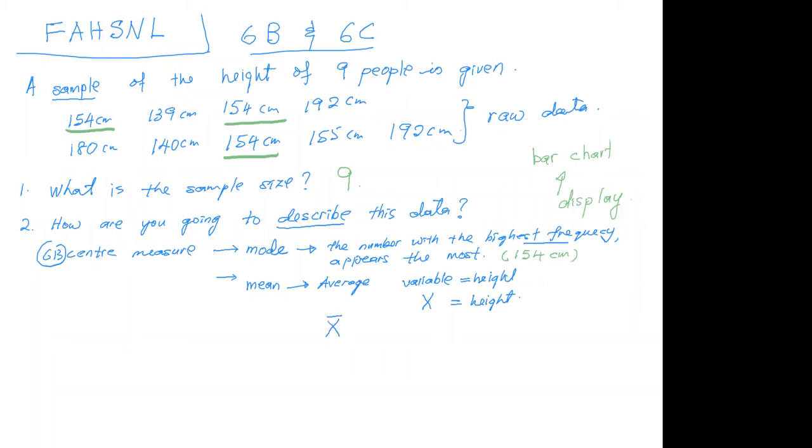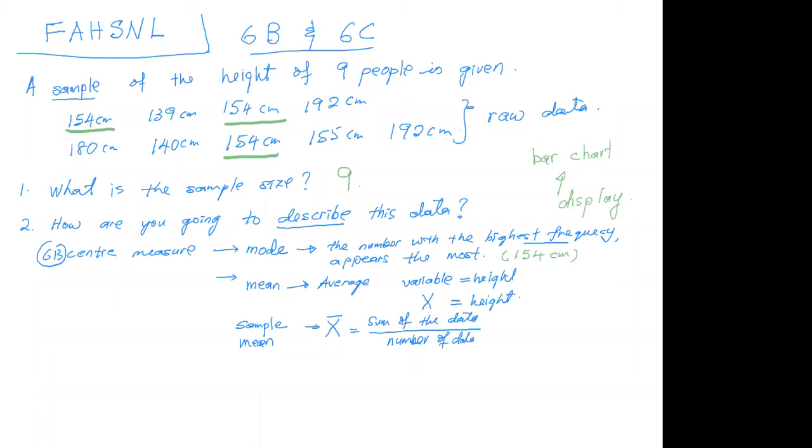This symbol is for sample mean. Remember. So how do we find it? We use sum of the data divide by number of data. Sample size, you can say so, or number of data, or you call it the frequency.